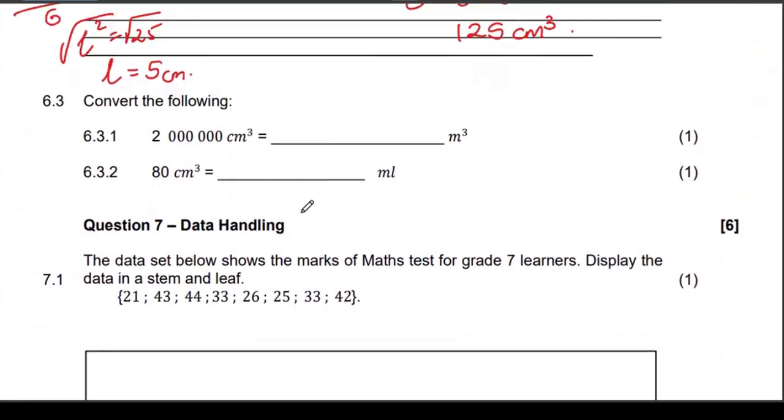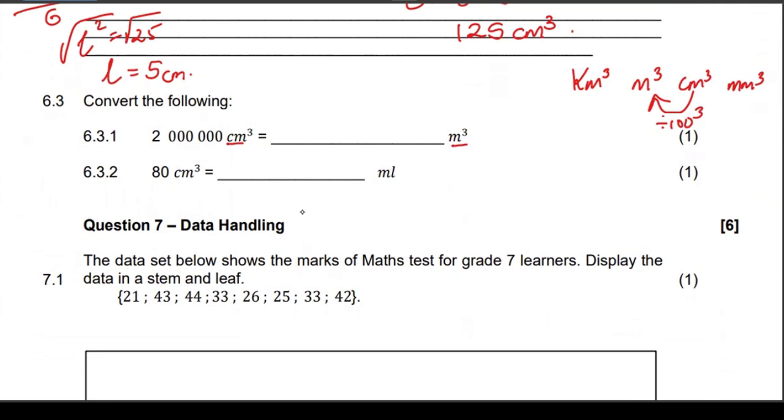Okay, then 6.3, convert the following. Okay, so we're moving from, remember what we said, kilometers. Now we're dealing with cubed, meters cubed, centimeters cubed, millimeters cubed. We're moving from centimeters to meters, which means we're going to divide by 100 cubed.